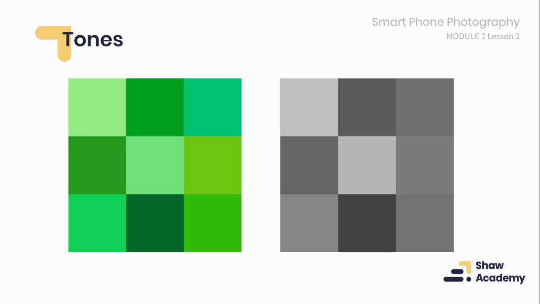So particularly when it comes to green, when we turn this into black and white, it can be a very problematic colour, like we saw in some of the previous examples. If you're photographing, say, a forest, and there's lots of green in it, you might find that when you turn that into black and white, it's nowhere near as strong as you thought it was going to be, and that's because it lacks tonal separation.